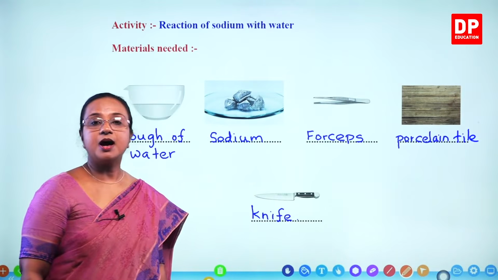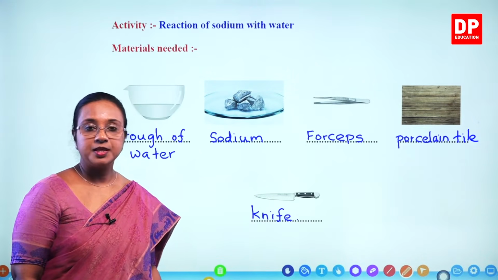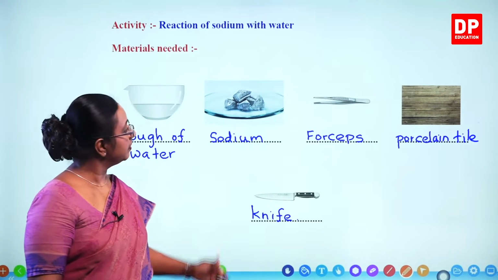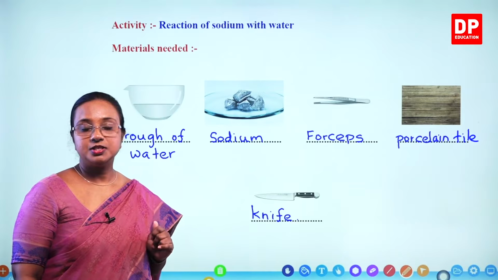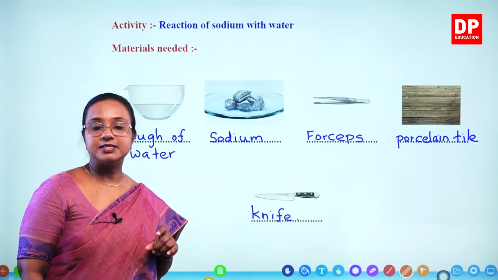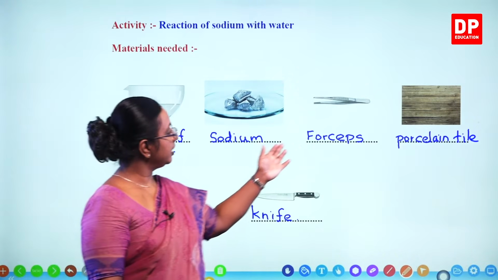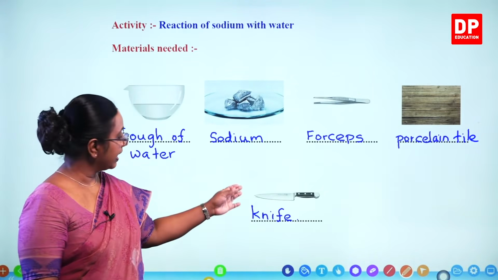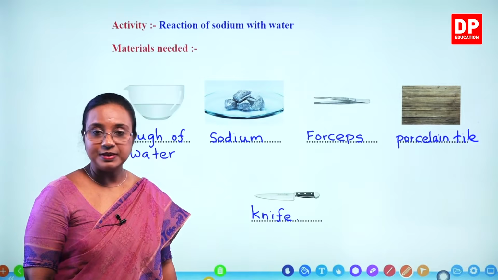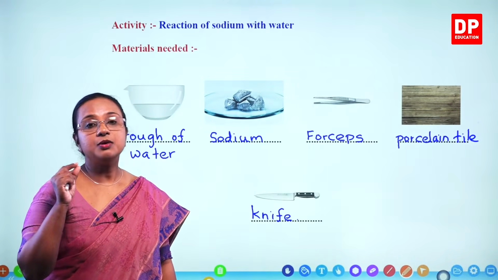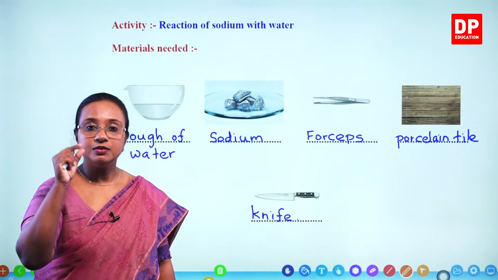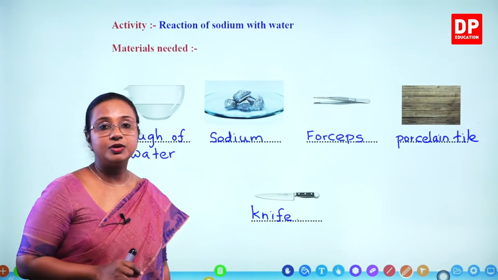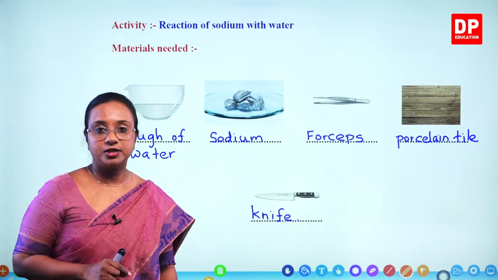So the steps are very simple. We will take out a small piece of sodium from the reagent or the chemical bottle that is available in the lab using forceps. We'll place it on the tile and cut it into smaller pieces, and we can take the very small piece of sodium and put it into a trough containing water.